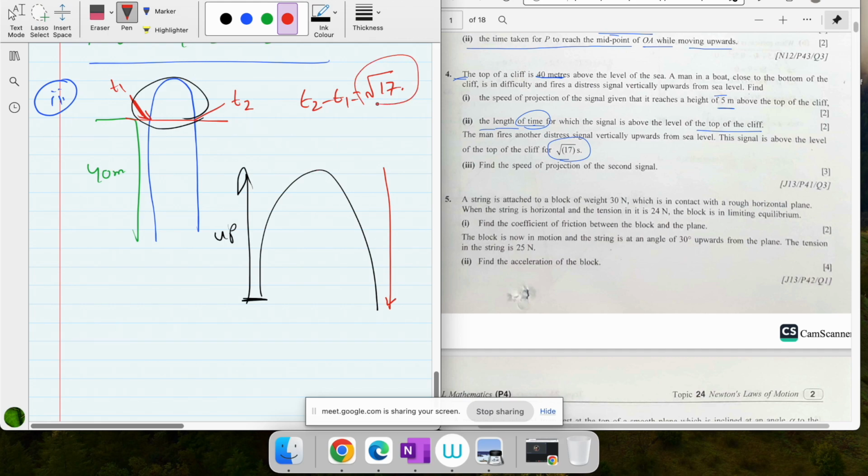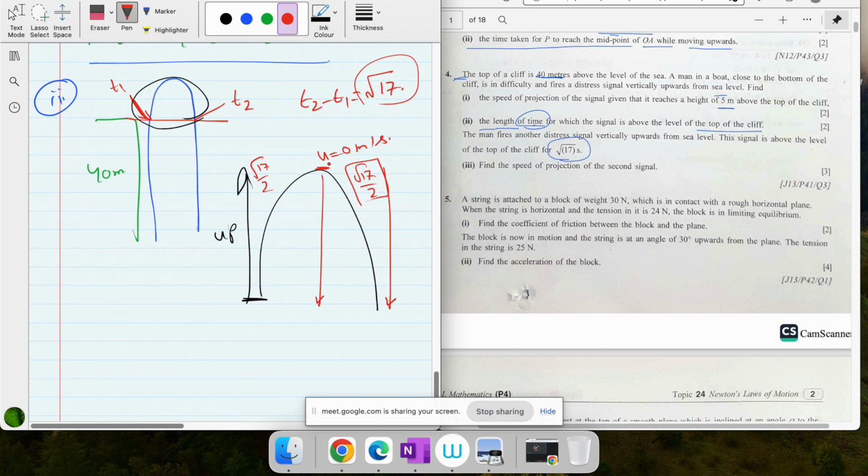So it takes square root 17 seconds. So half of the time going up and half of the time moving down. So I know this time, and I know that speed at this point is 0 meters per second.